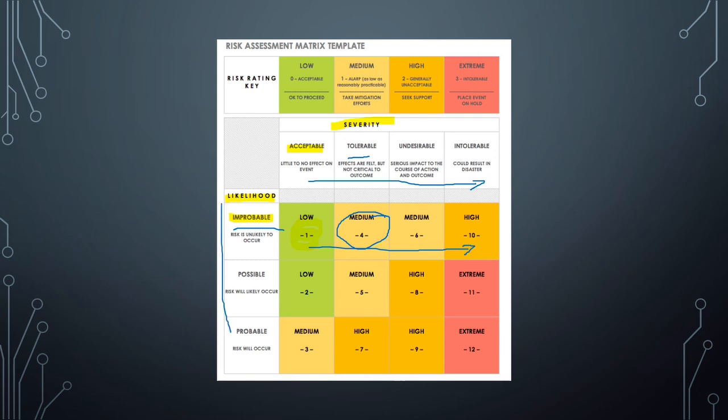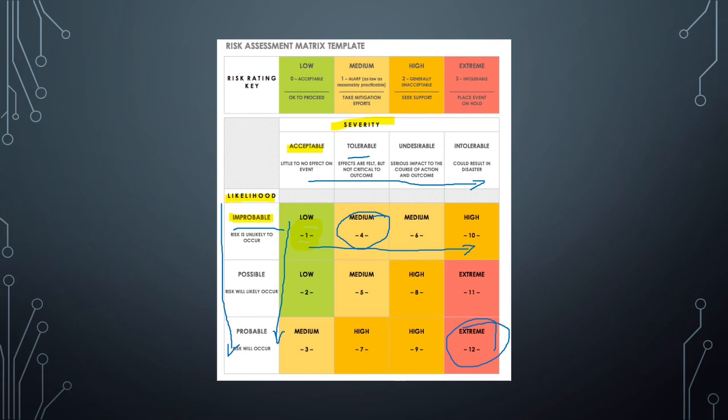And the higher the likelihood of something occurring, the higher the risk score gets. So if it's a high likelihood and a high severity, that's when you're going to end up with a most extreme score. And so I've noted here the different colors and what they mean.